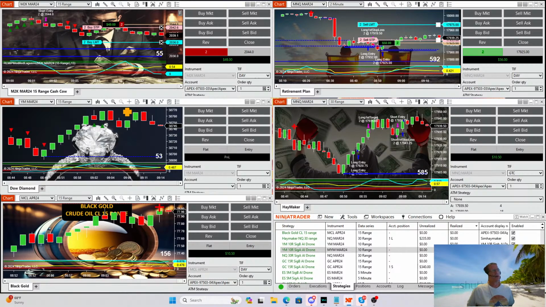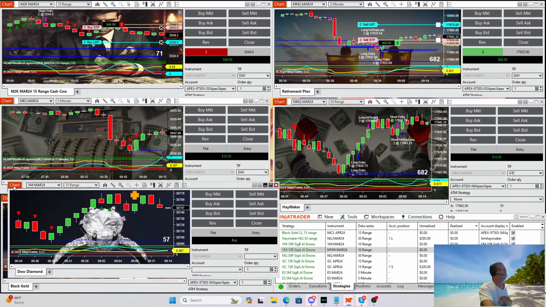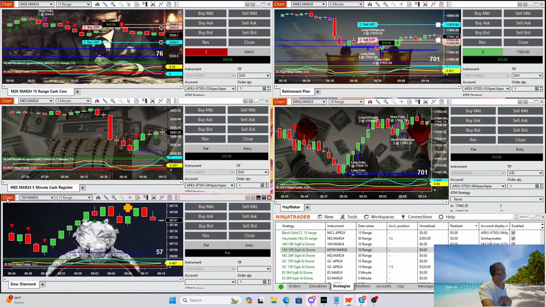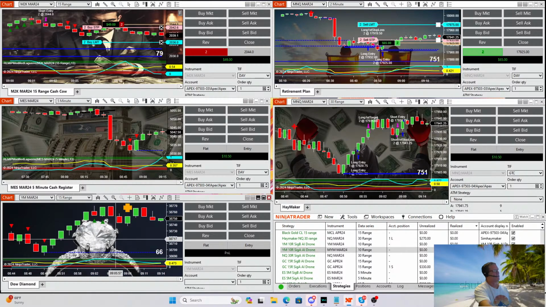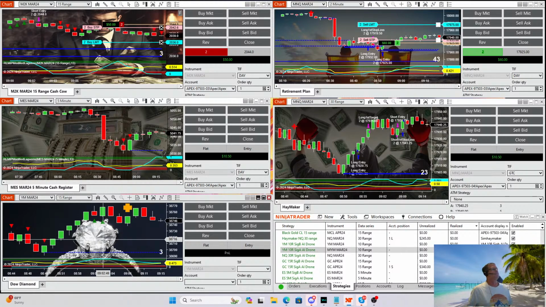And we've got the Dow and the E-mini kind of stacked up here. So this diamond is kind of the Dow diamond, like the ETF, just so you know which one's which.